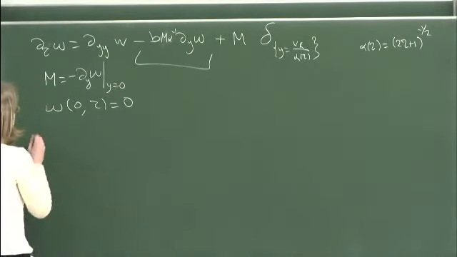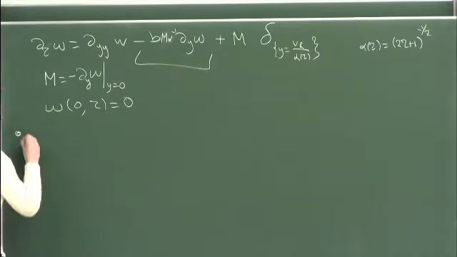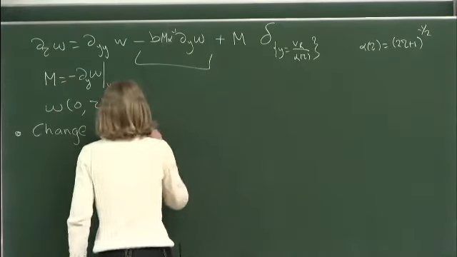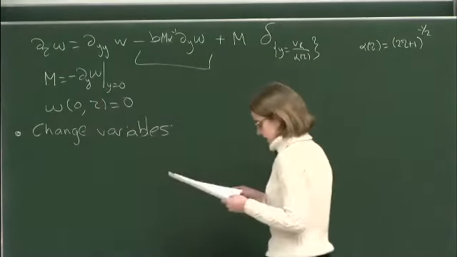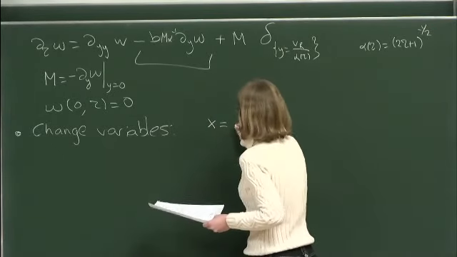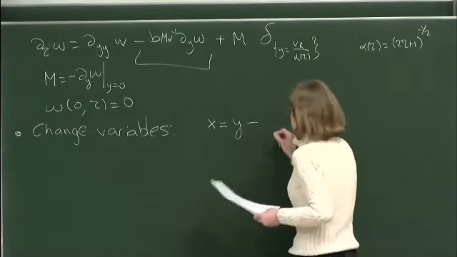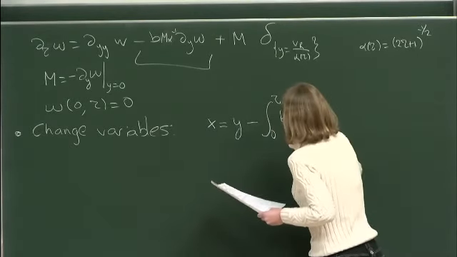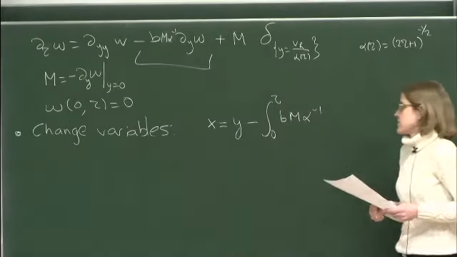And then, we change variables again. This is just a standard change to kill the first order term, and say that your new space x equals y minus the integral between 0 and tau, the Vm alpha minus 1.